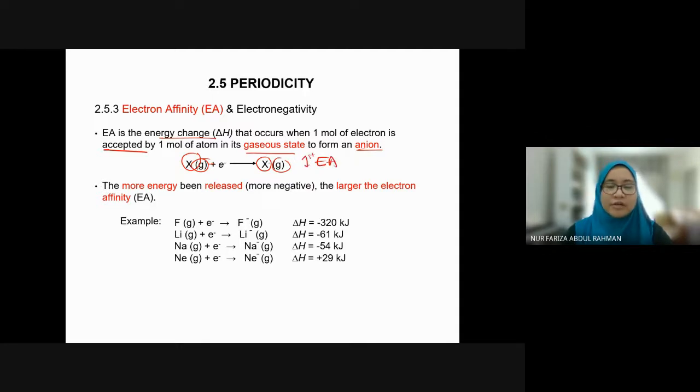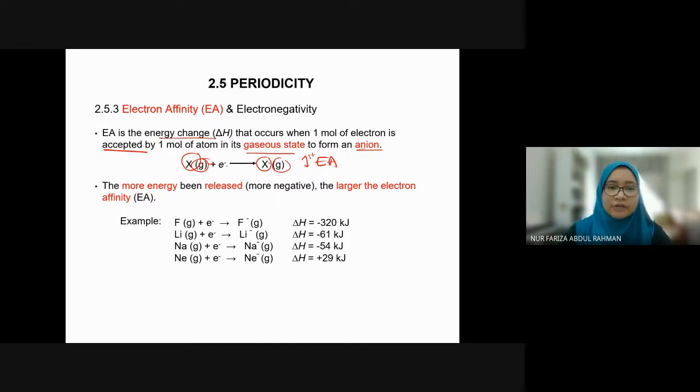First electron affinity, and we may have several following electron affinities. We may have second electron affinity, third, fourth, and so on. This is similar to ionization energy, where we also have first ionization energy, second IE, third IE, fourth IE, and so on. Please take note of this.